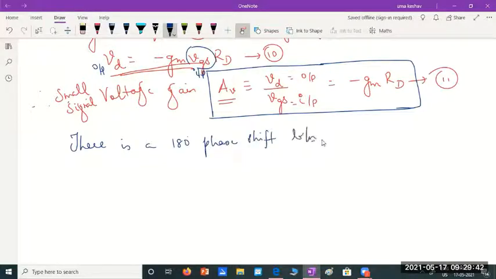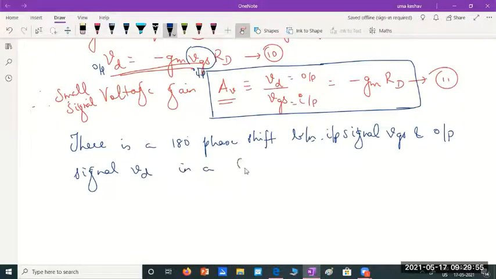between input signal VGS and output signal VD in a common source MOSFET amplifier as shown.